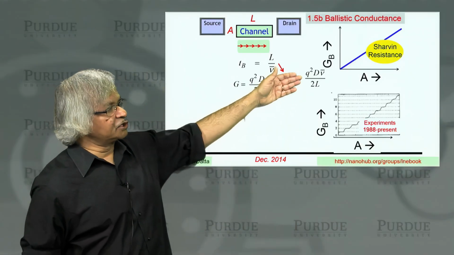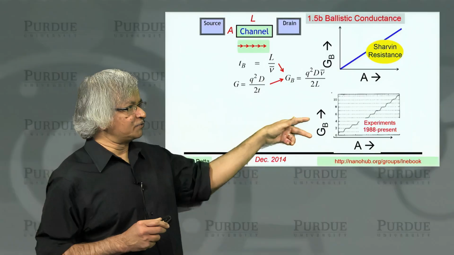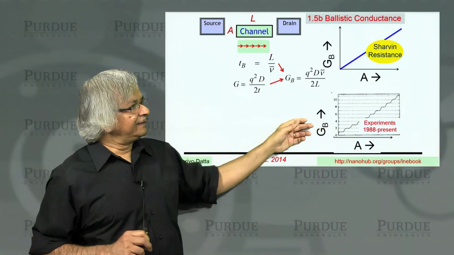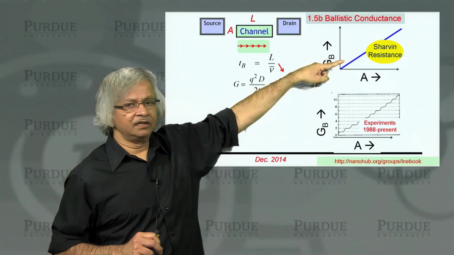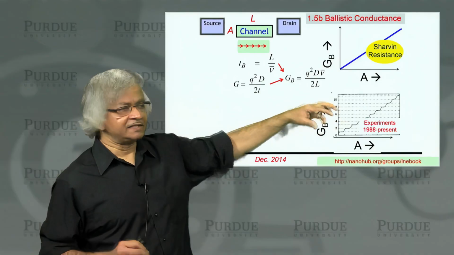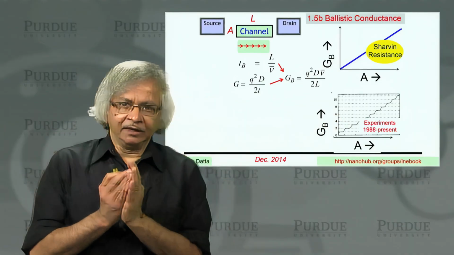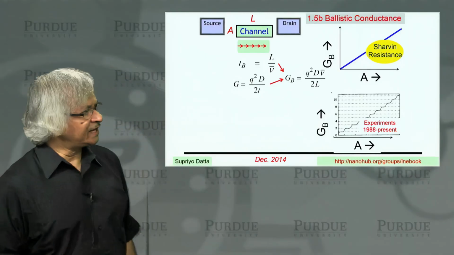What this experiment showed was that if you go to small ballistic conductors, ones where the area is relatively small, then instead of seeing a conductance that goes linearly with area, you'd see something that goes in steps. It's like this quantum of conductance, which I'll talk about in a minute, times an integer. Now, how do you understand that?